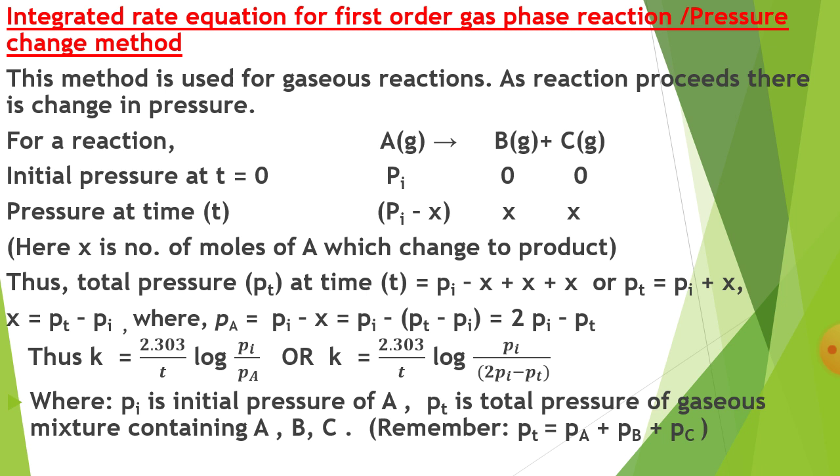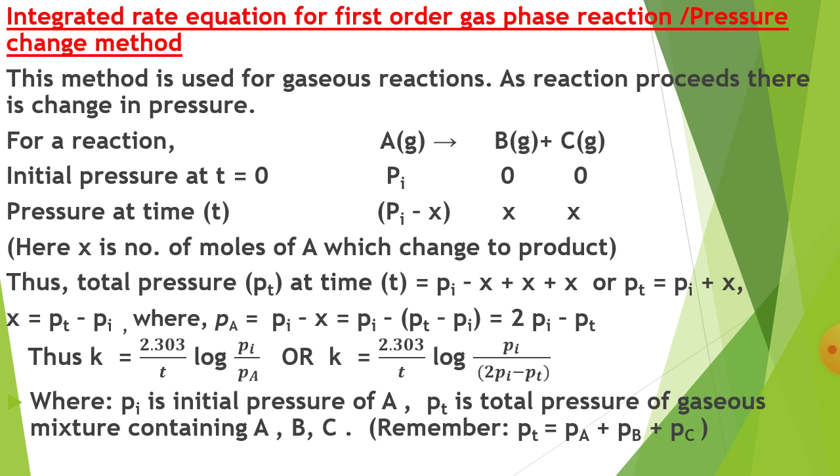Now we can calculate X equal to Pt minus Pi, as we know that Pa at time T equals Pi minus X. Now putting the value of X, we find Pa equals 2Pi minus Pt.